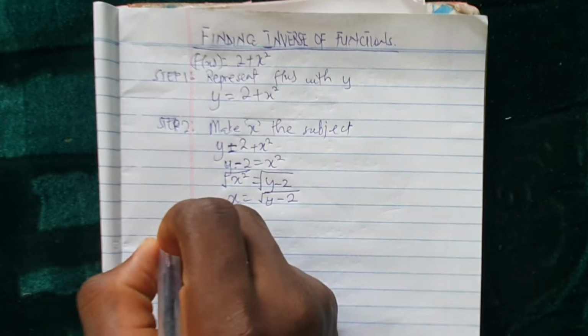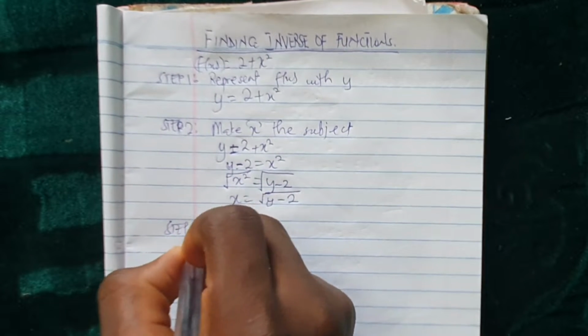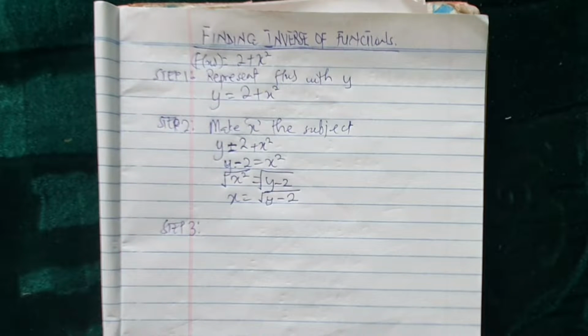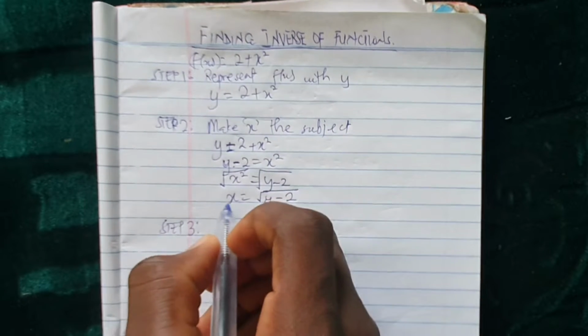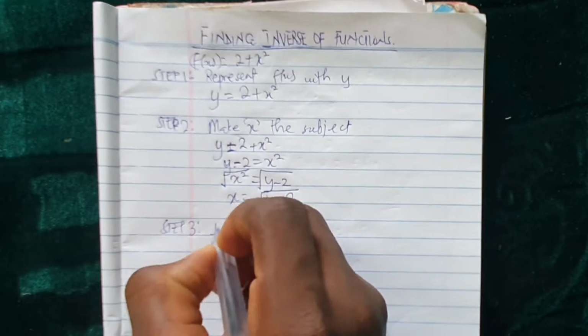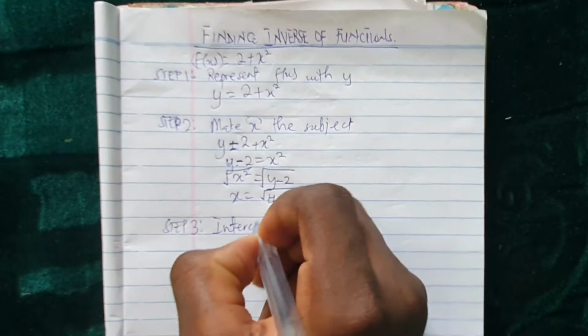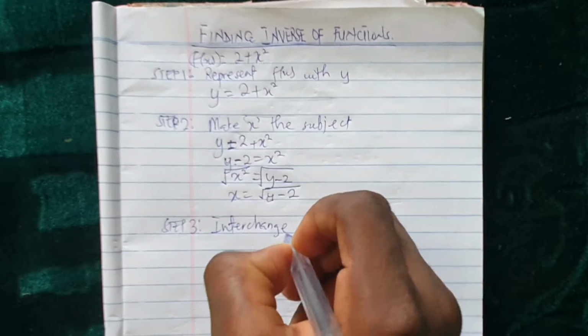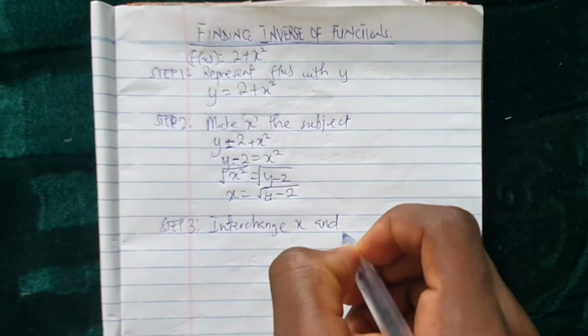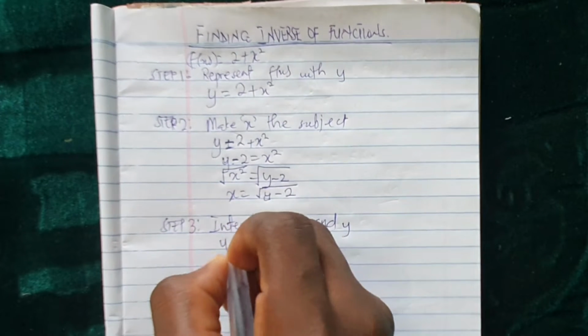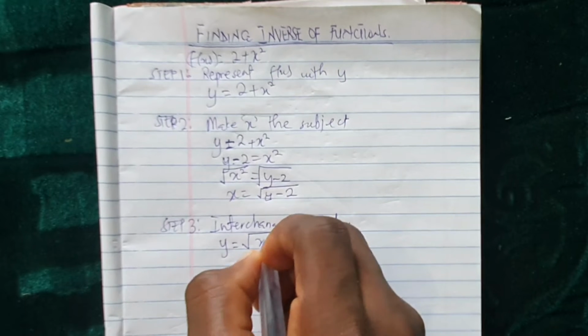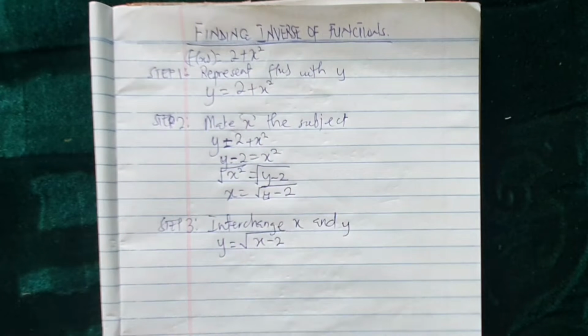Our third and final step is to interchange x and y. So we replace this y with x and replace this x with y. That's all. So interchange x and y. Right, so we get y equal to the square root of x minus 2.